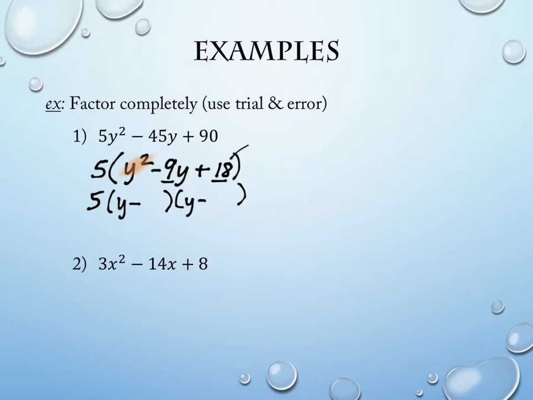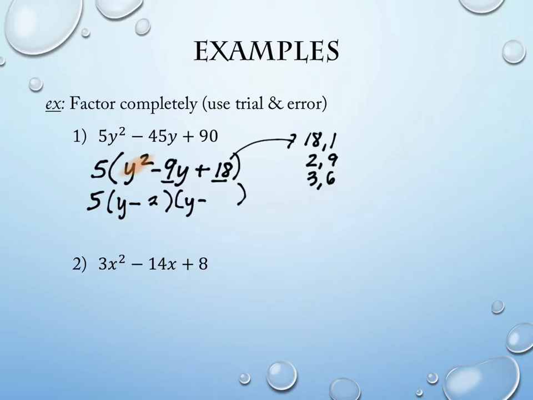Okay, how about some multiples of 18? I can do 18 and 1. What else can I do? 2 numbers that multiply to 18. 2 and 9, good. What else? 3 and 6. And I think that we're done at that point, right? These are the only options. I need to choose the 2 that add to 9. Which 2 are those? Yeah, the 3 and the 6.